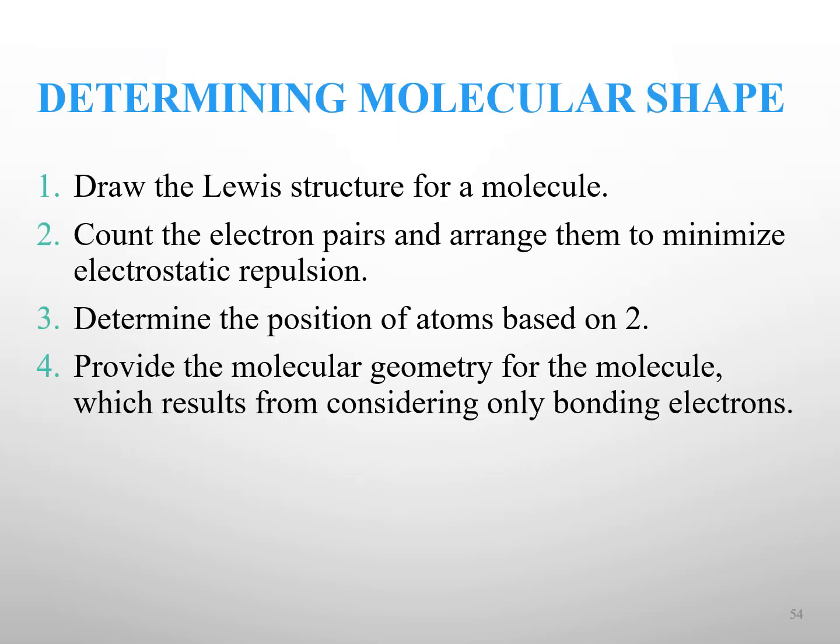So to determine molecular shape, number one, we need to draw the Lewis dot structure. And then we count how many electron pairs and we arrange them to minimize the repulsion. So we spread them out as far away as possible from each other. So in this case here, you always have to pick out the central atom and we see how many electron pairs there are around the central atom. And then we pick the geometry that's best suited for it.